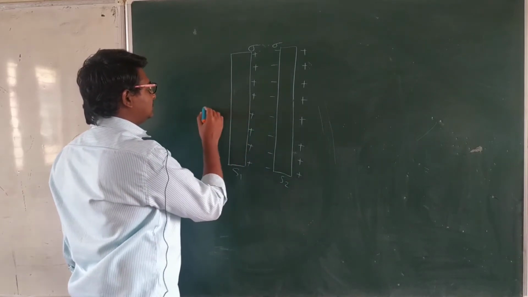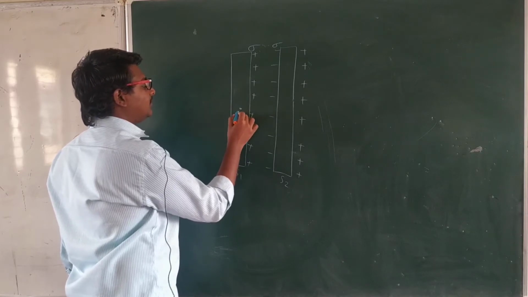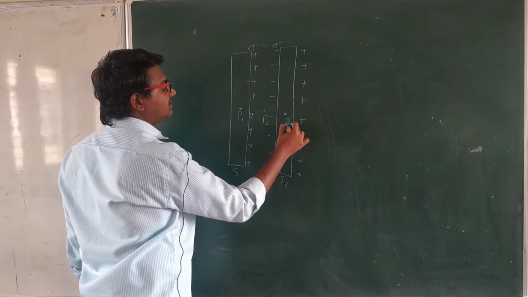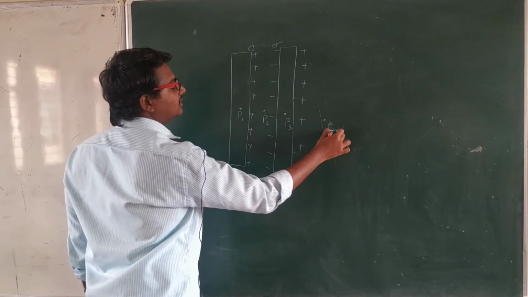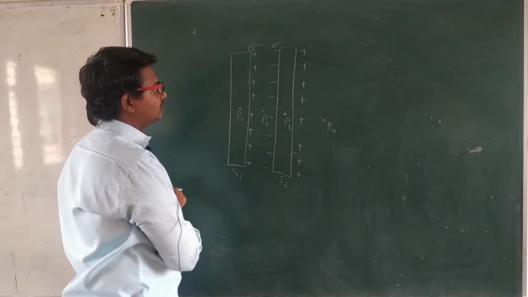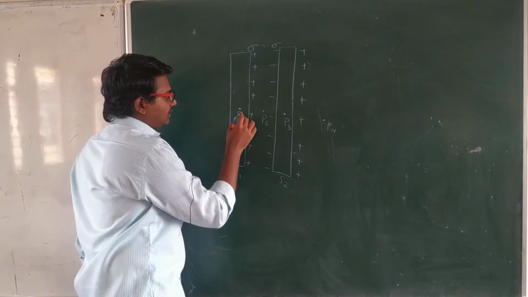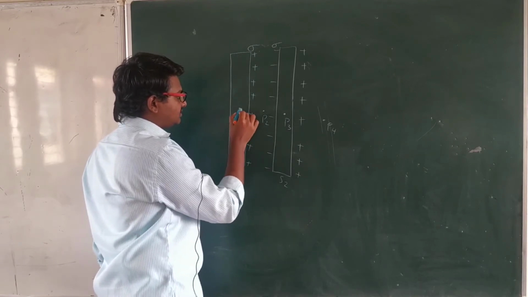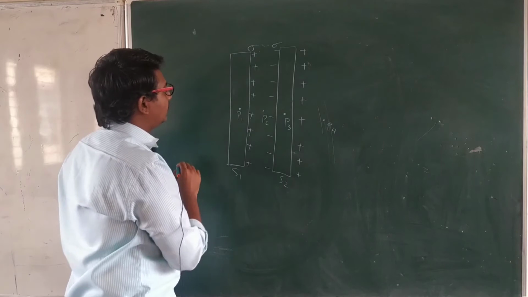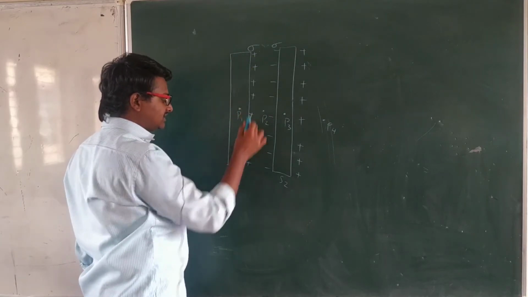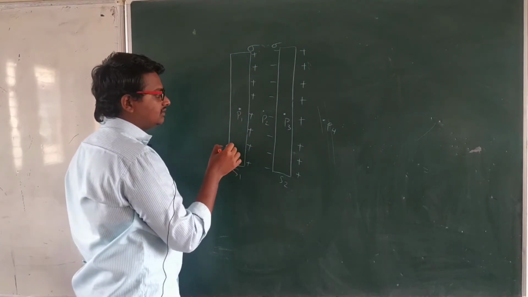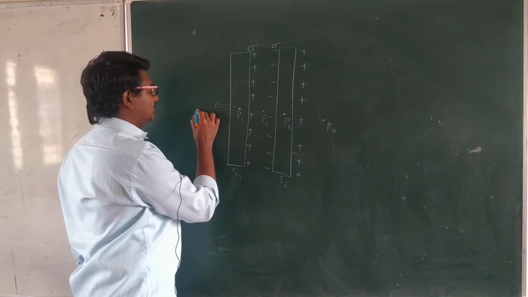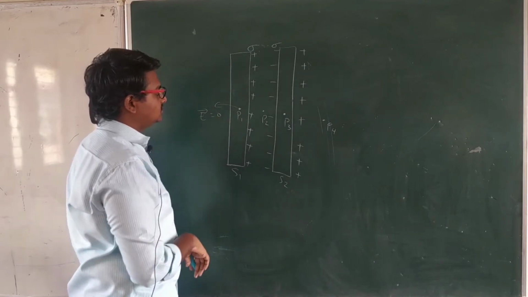Right, now let's consider the different points: P1 inside, P2 in the middle, and P3 and P4 here. Point P1 is inside the slab, which is a conductor. We already know that inside the conductor the electric field E is equal to 0.